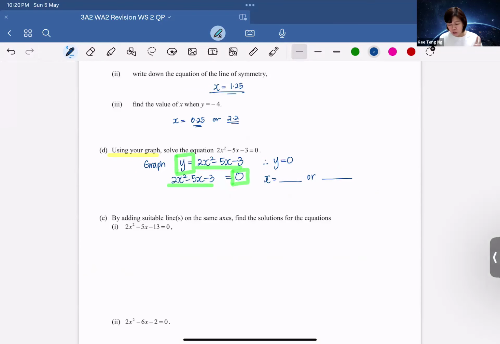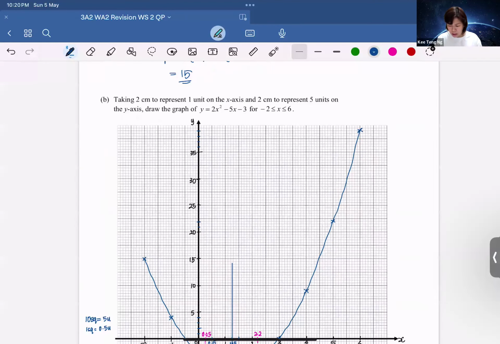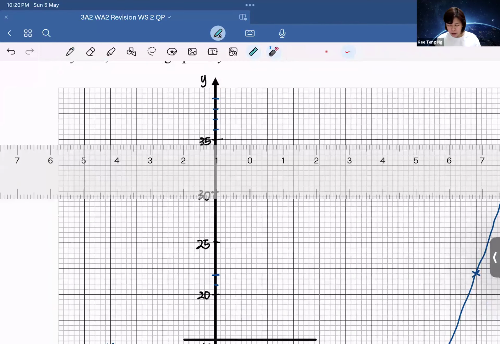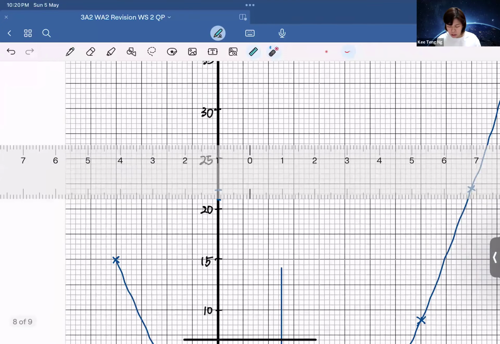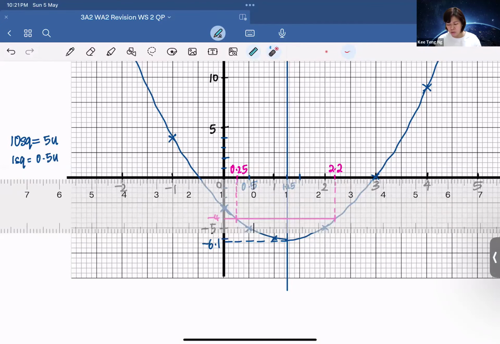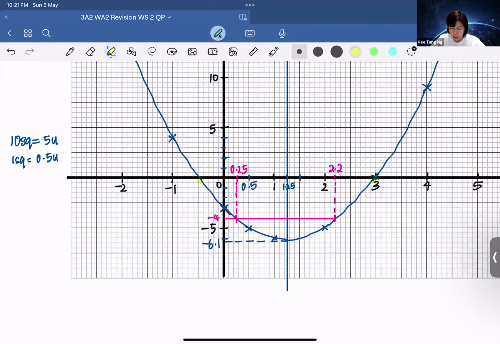Right, let's get y equals 0. Where is y equals 0? This is my y-axis. So I'll go from y all the way down to y equals 0 over here, which is this one, right? So what's the number? Okay, y equals 0, 1 point over here, and another point over here. So in this case, I have 2 points.